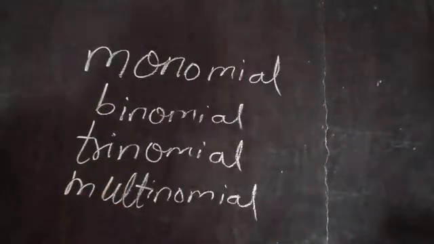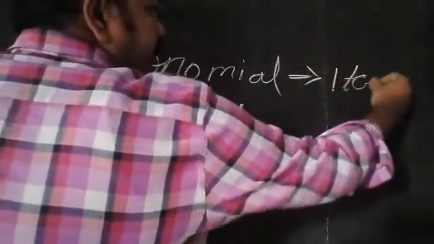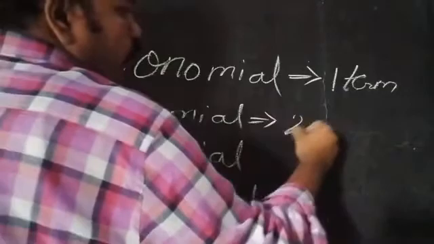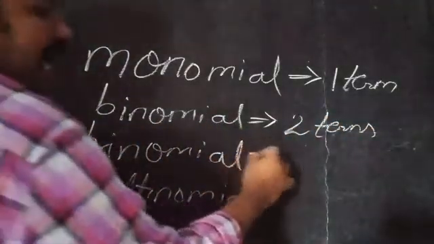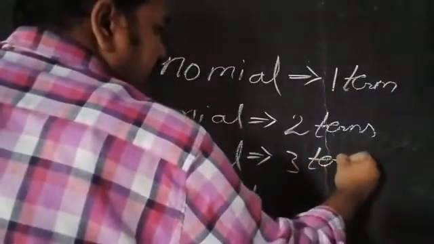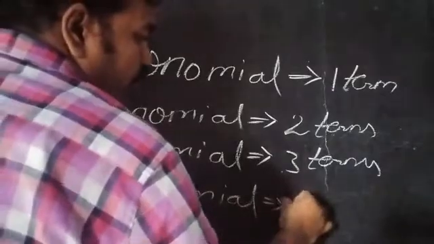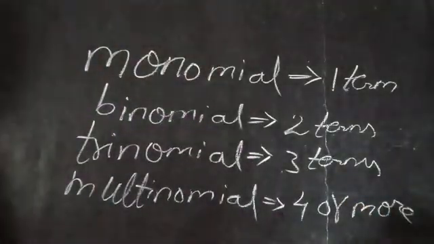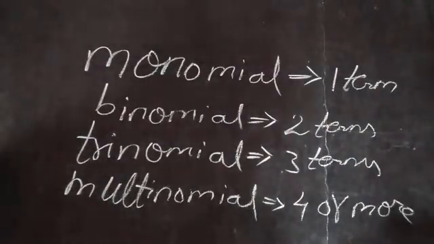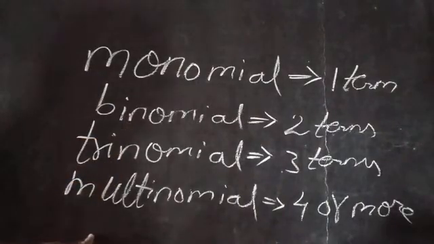Monomial means having one term, having 2 terms is called binomial, having 3 terms is called trinomial, and 4 or more we call multinomial.